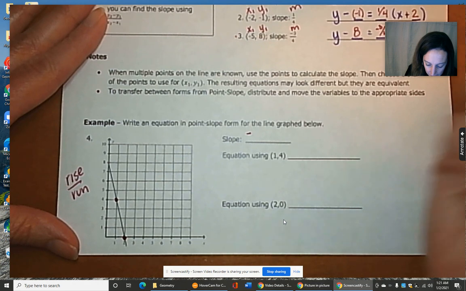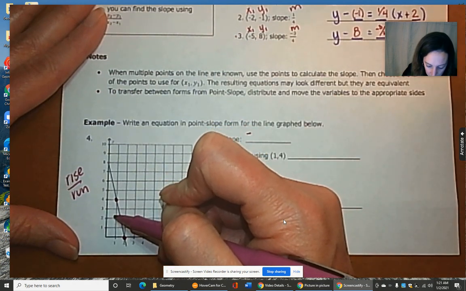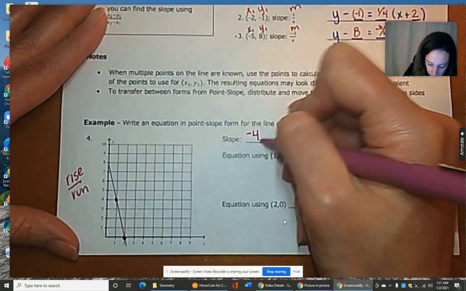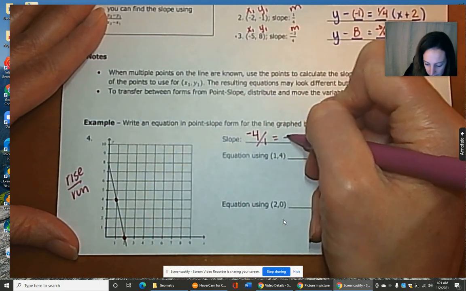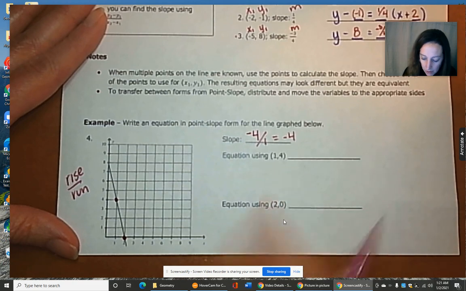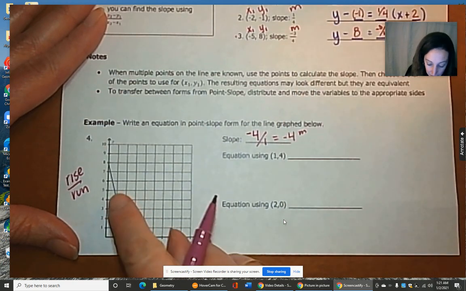It's going downhill. So if I start on the point on the left and then go down, 1, 2, 3, 4, it's negative 4 over 1. So if I just left it at negative 4, that would be fine because negative 4 over 1 simplifies to negative 4. Now, this is my slope, so this is my m. I can use either point here.